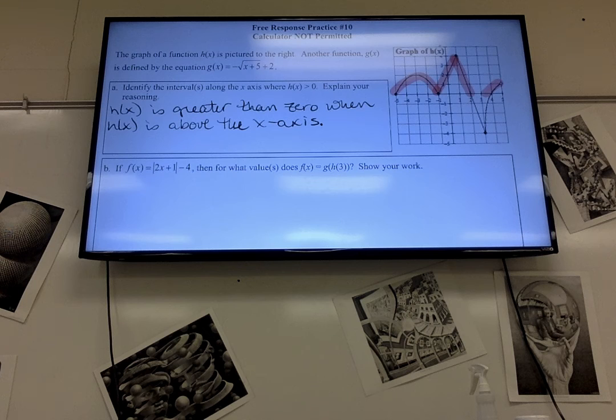So we would say that goes from -5 to -1. Notice it's not including either one of those points because those are actually on the x-axis. And then -1 to 2, again, not including that. And then it looks like 4 to 5, and it doesn't include 5 because that's an open circle.